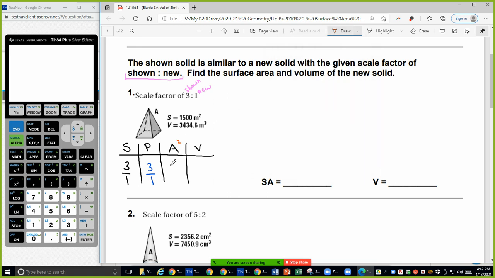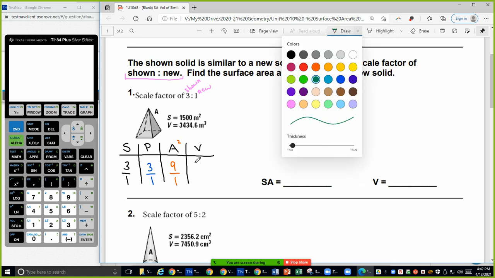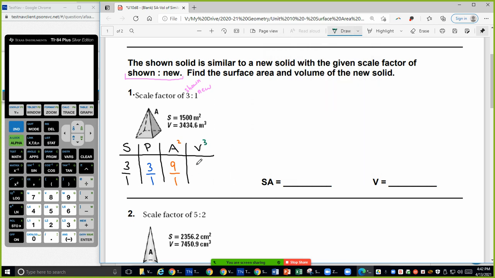So it's 3 squared, 9, and 1 squared, 1 times 1, 1. My ratio of areas is 9 to 1. Then the ratio of my volumes is cubed. So it's 3 to the third power, which is 27, 3 times 3 times 3. And 1 to the third power is 1 times 1 times 1. It doesn't matter how many times you multiply 1 by itself, 1 to the third power is still 1.